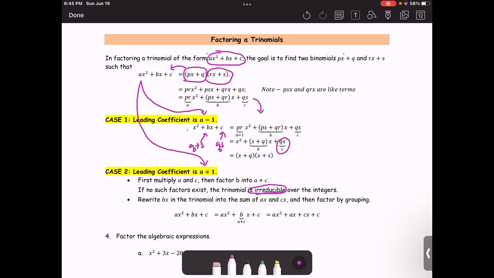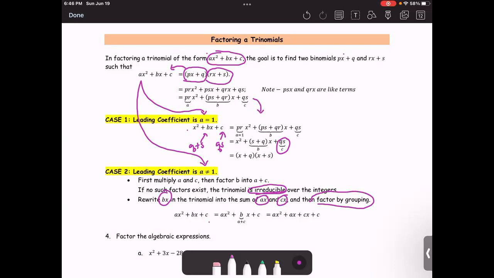After you multiply a and c and factor b into that sum, we rewrite bx, the second term of the trinomial, as the sum of the two factor terms, and then factor by grouping. Basically, you have ax squared plus bx plus c.